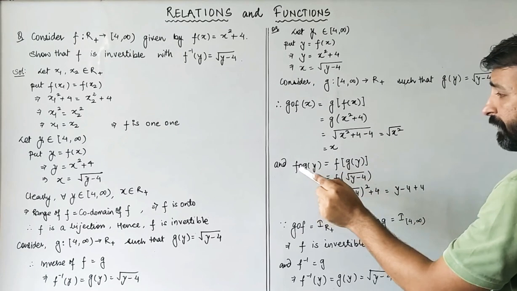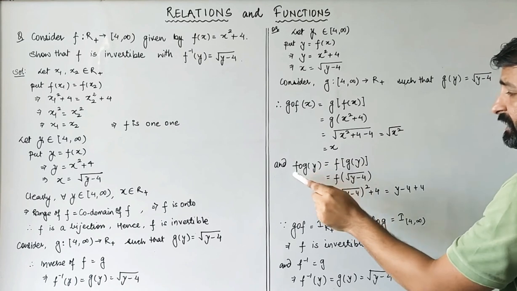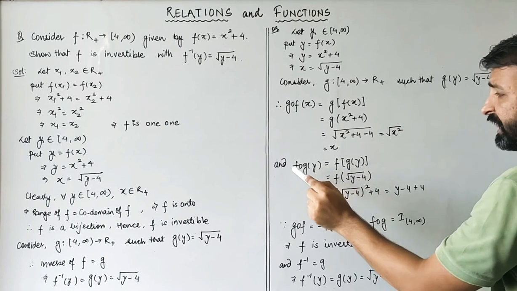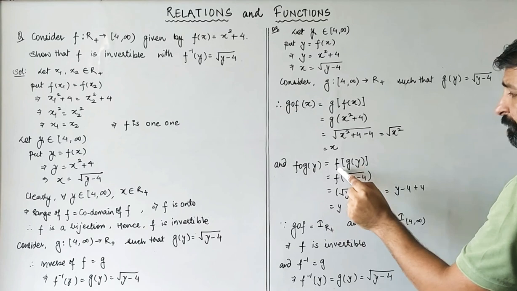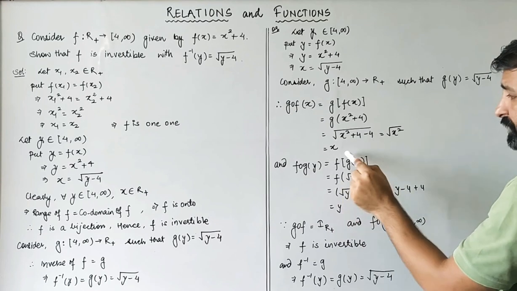And now we will find fog y, that is the composition of g and f. f of g is f of g(y). f of what is g of y?